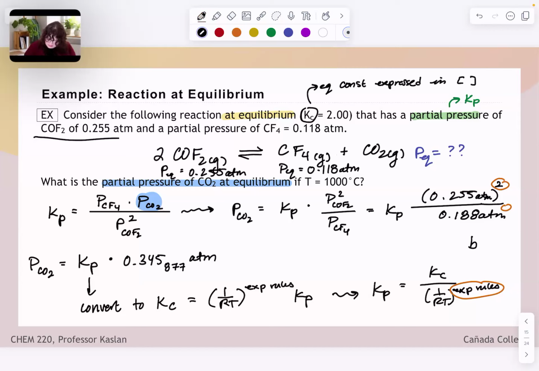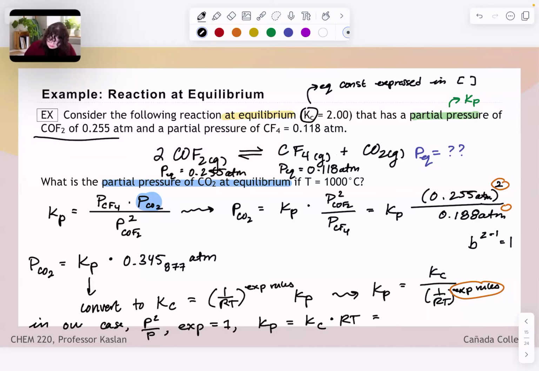So in our case, since we had p squared over p, the exponent equals 1. So that means that Kp is equal to Kc divided by 1 over RT, or times RT.